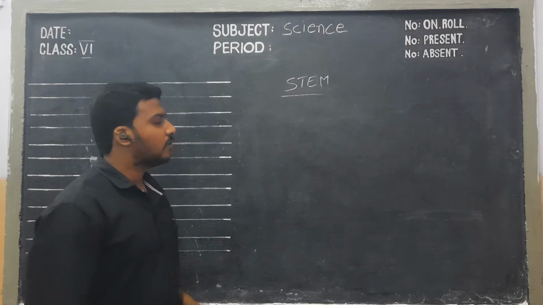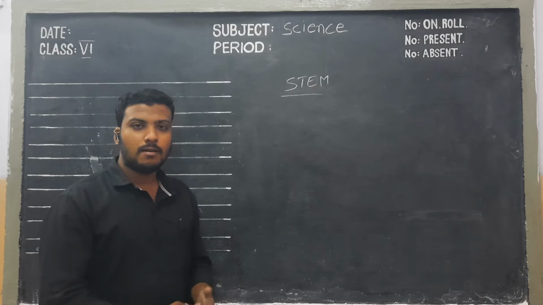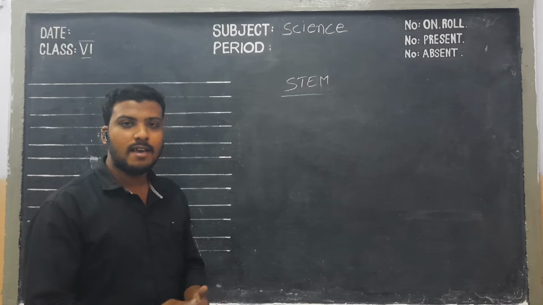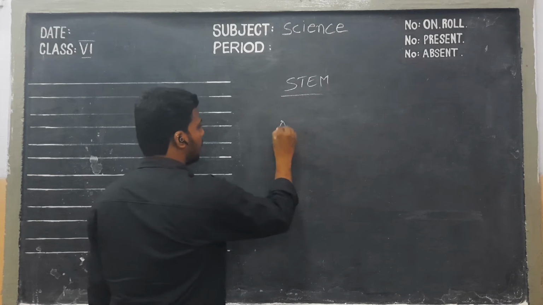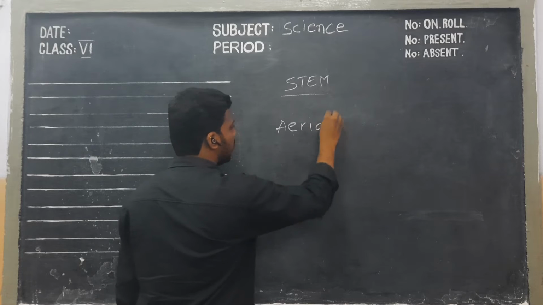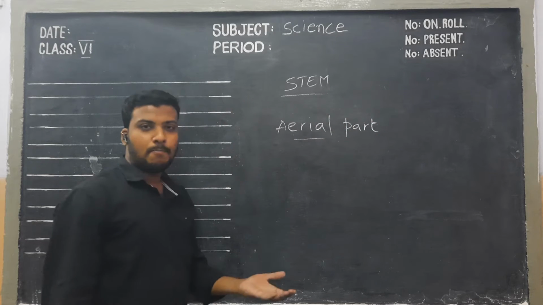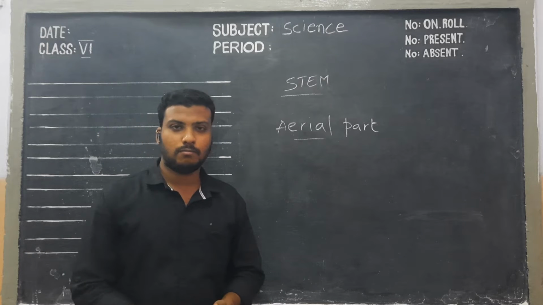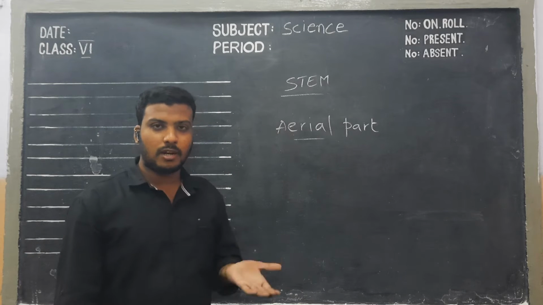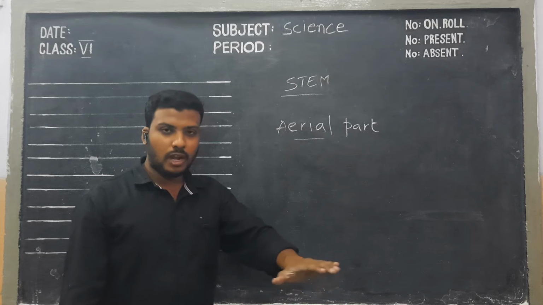You know stem. What, children? The main part, you can say aerial part. What is aerial part? Aerial means it is present in the air itself, above the surface.